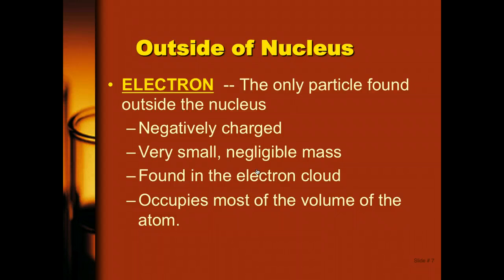Because the electrons are so tiny, the space that they take up is very small, but the amount of space that they need to spin around the atom is very large. That's where the volume comes in: the amount of space that the electron needs to move in is big, but the size of the electron itself is very, very small.